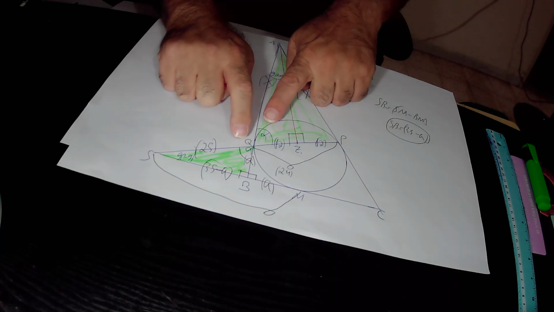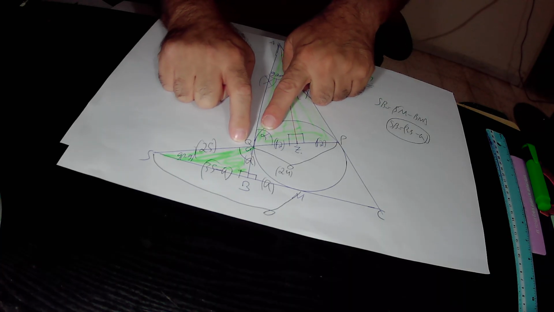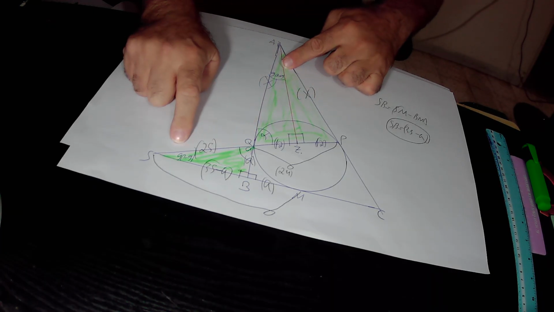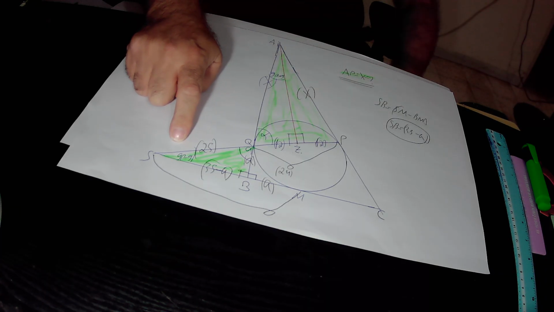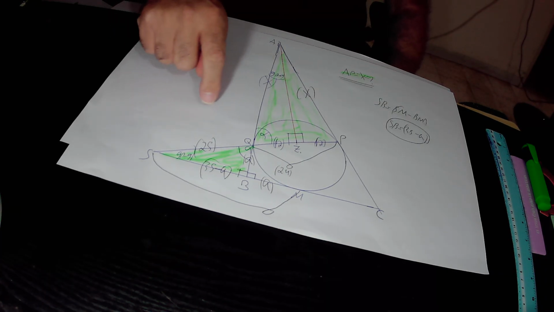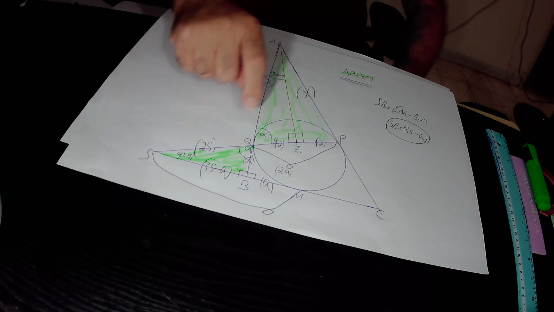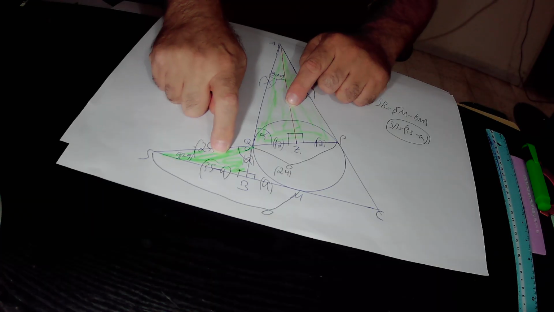Those two angles are both equal to alpha, those two angles are both 90 degrees, and those two angles are both 90 degrees minus alpha. So all the angles of this small green triangle SQB are equal to the corresponding angles of this big right triangle AQZ, and therefore those two right triangles are similar according to angle similarity.